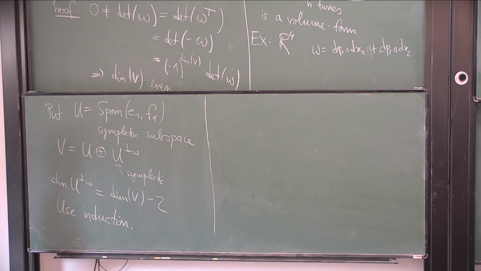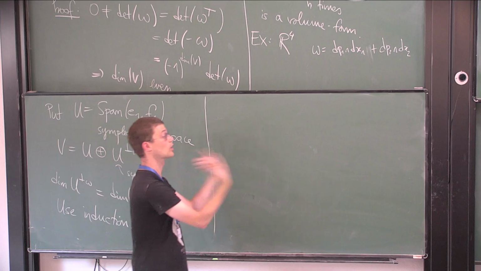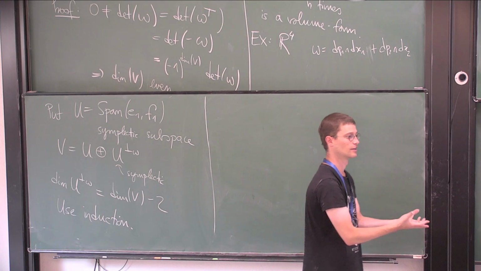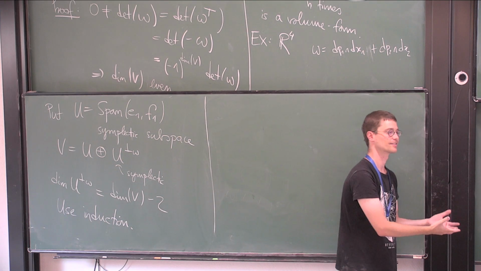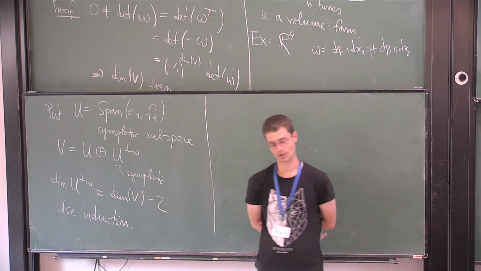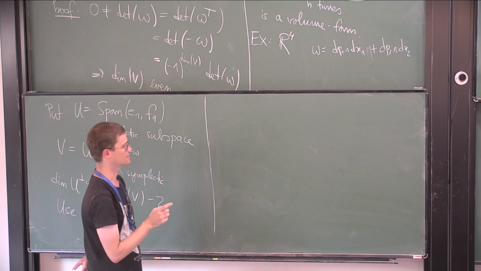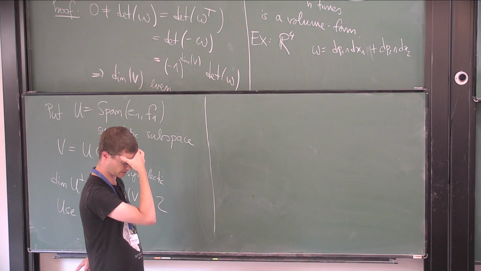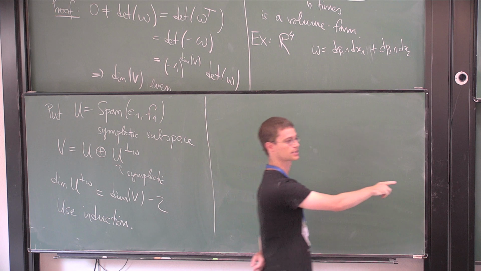There are no easy answers, and even if you know that there is one symplectic structure, you can ask maybe there are others. Can you classify all possible symplectic structures on a given manifold? This is complicated, and even for R2n, this question is open.